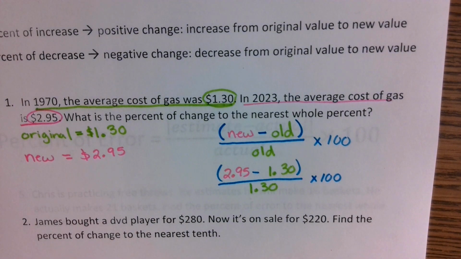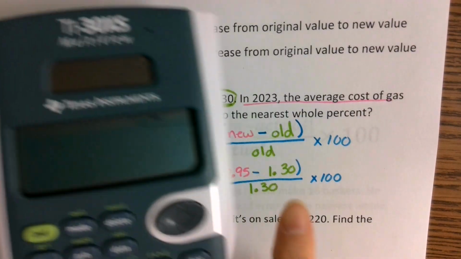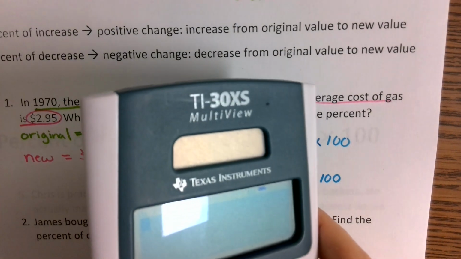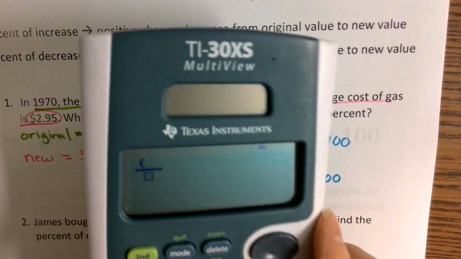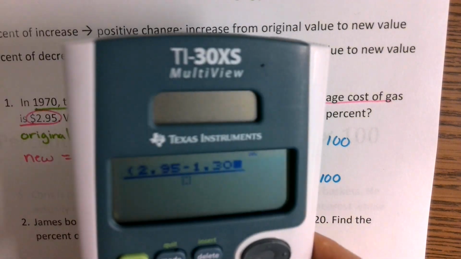So when I work that out, the nice thing about your calculators is it will do the order of operations for you. You do not need to worry about doing parentheses first and then division and then multiplication. You can type it exactly as you see it into your calculator, meaning you also need to type those parentheses. So I'm going to make a fraction, and at the top of my fraction, I'm going to put 2.95 minus 1.30.